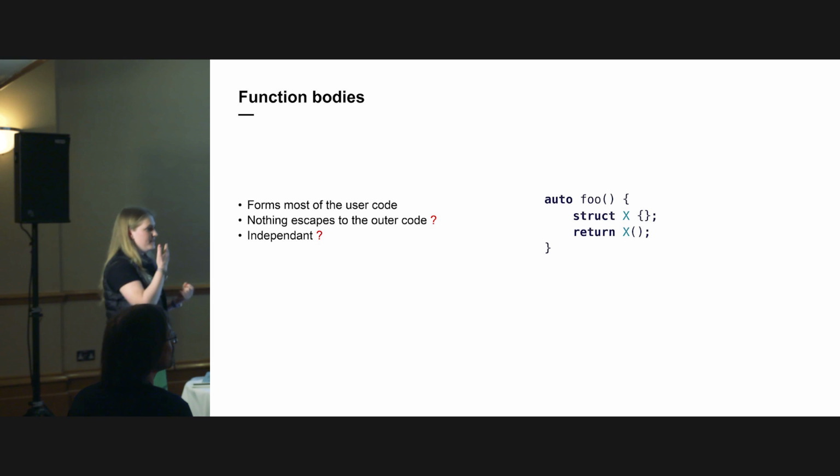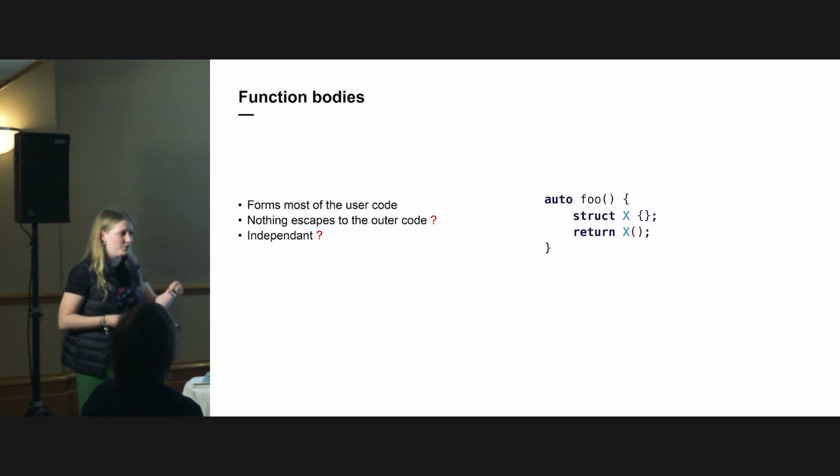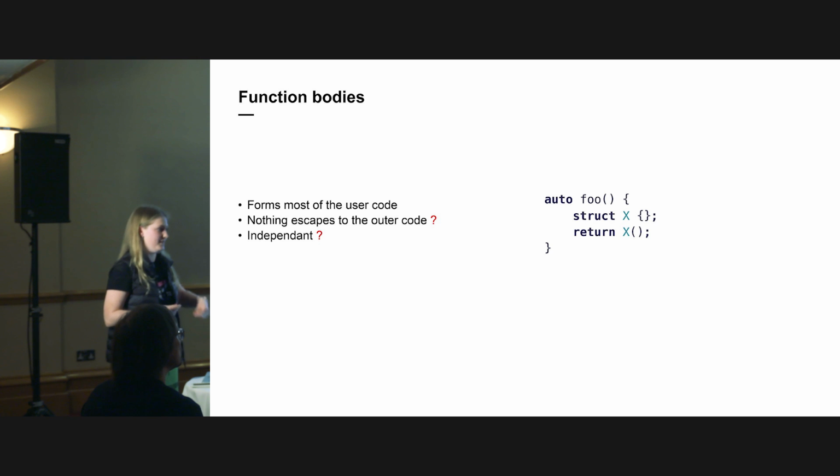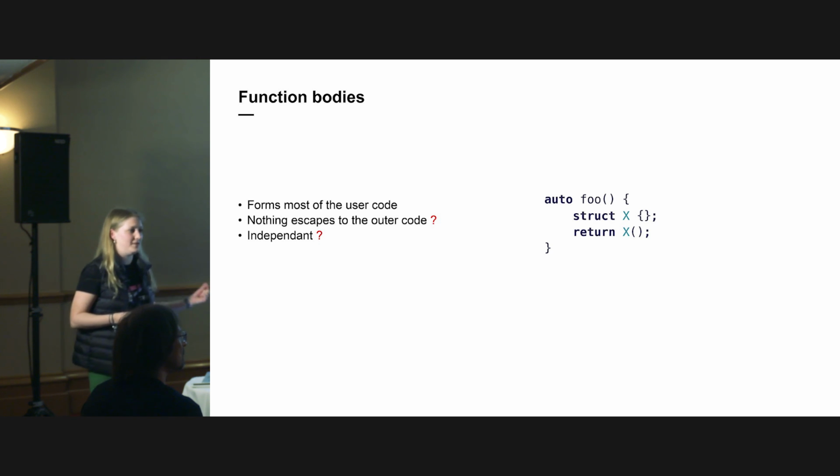If you have auto as a return value for your function, that means we have to go inside your function body to understand what this auto actually is. And so this function body is not that independent anymore. So we have to check it.